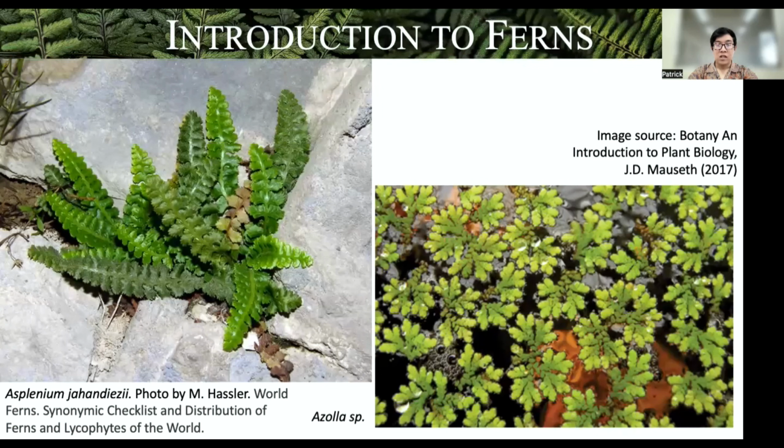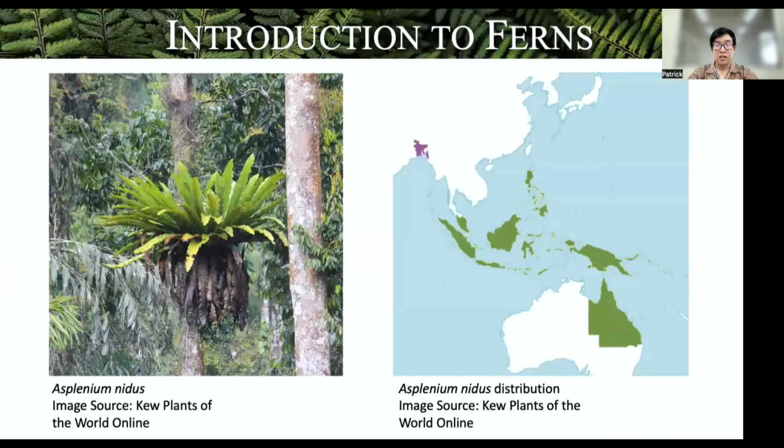Some fern species may grow equally well on soil and upon rocks, while others are confined strictly to rocky habitats, where they can occur in fissures and crevices on cliffs, boulders, and taluses.